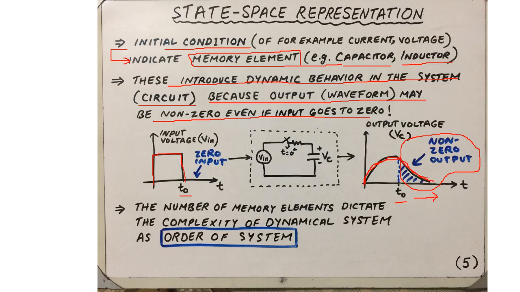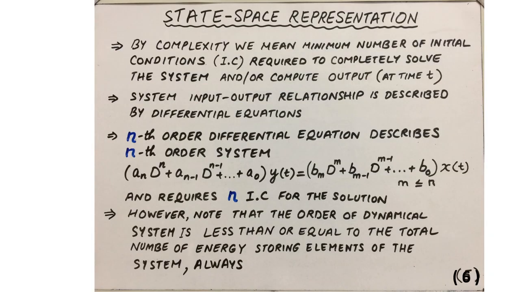How many energy storing elements we have in the system dictates how complex the dynamics of the system are, and it is often reflected as the order of the system. But before that, let us take a step back and discuss complexity in a bit more detail. The complexity basically refers to the difficulty of solving a system for obtaining the profile of its dynamical quantities.